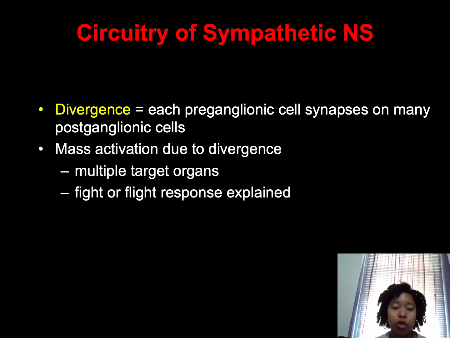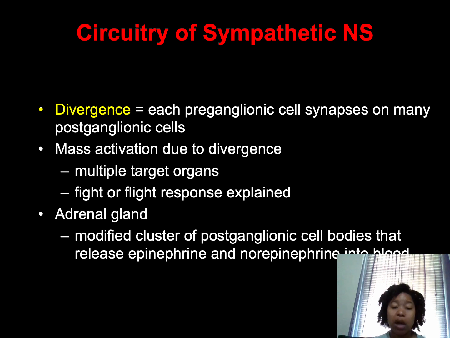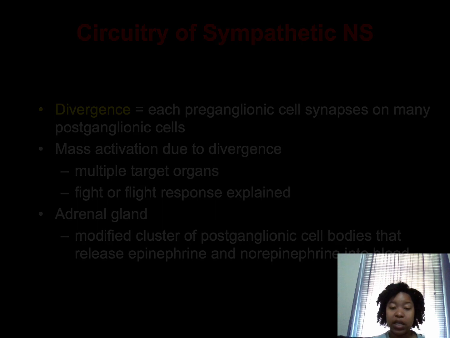So it's got multiple target organs, and that helps rationalize the fight or flight response, right? Because all of that happens immediately. You see something that scares you, and your whole body goes into action at once. And so that's why this process can happen. So when you think of your adrenal gland, it's like a modified cluster of postganglionic cell bodies that will release epinephrine and norepinephrine into the blood.